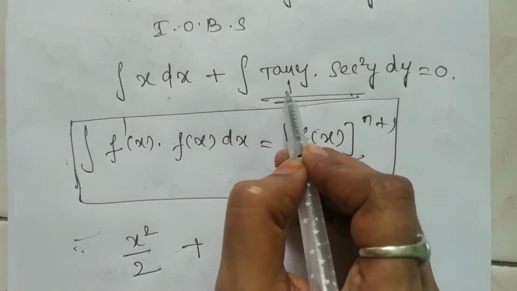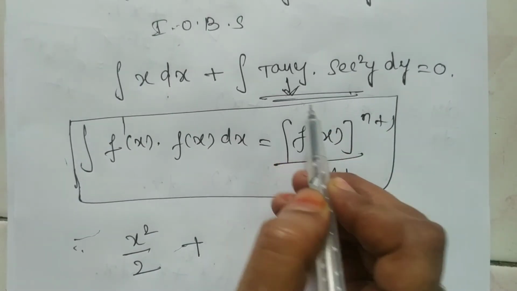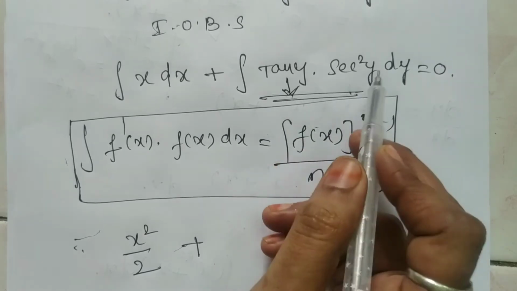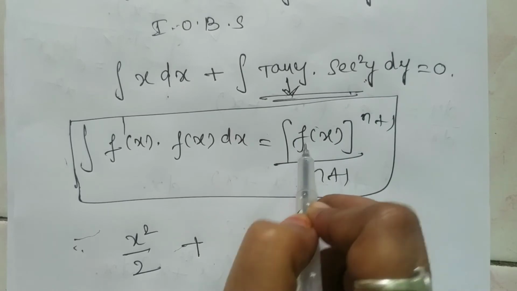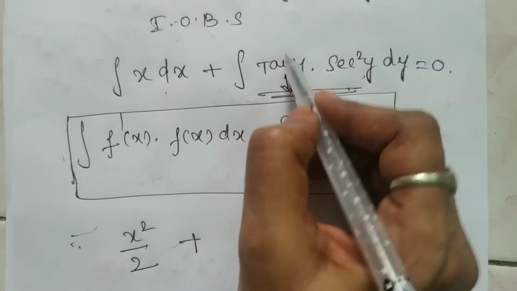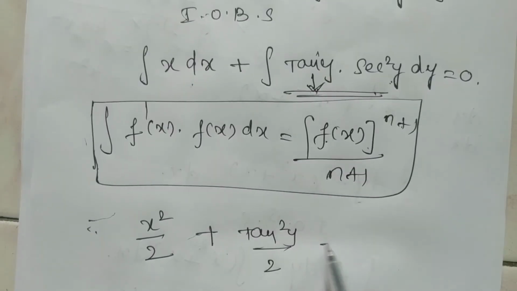Here f of x is tan y, and differentiation of tan y is secant square y. So power is 1, then tan square y by 2 plus c.